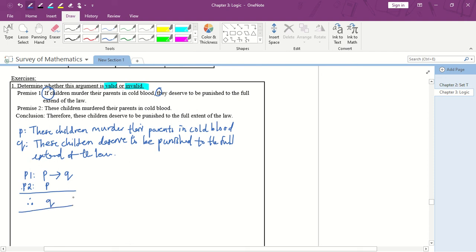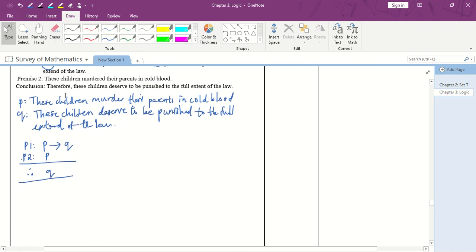Okay, we are done writing it down, and now we need to decide whether it is a valid argument or an invalid argument. When you look at it, doesn't it seem similar to what we have learned just now? It's P to Q, and here we also have P to Q, and we know that is what we call direct reasoning. So what we will write here is, the answer is it is a valid argument.